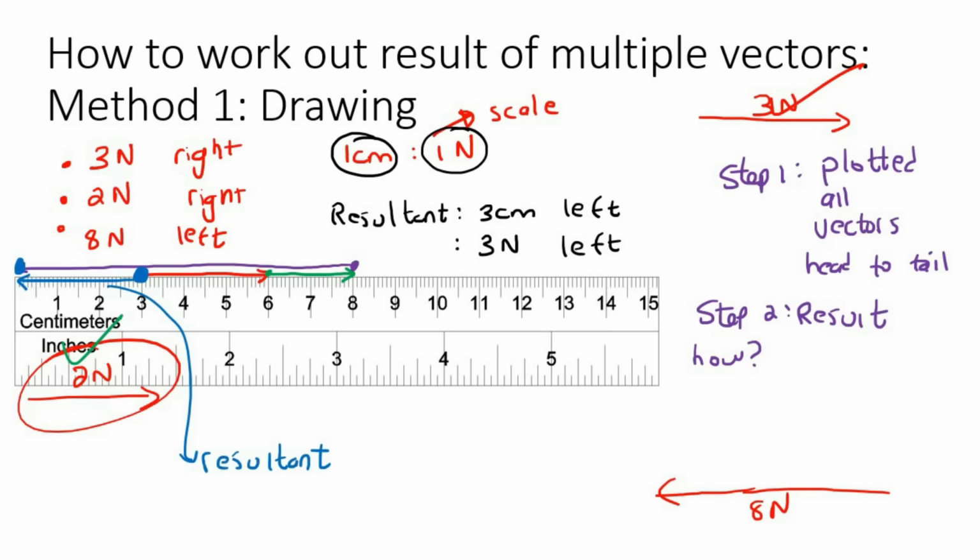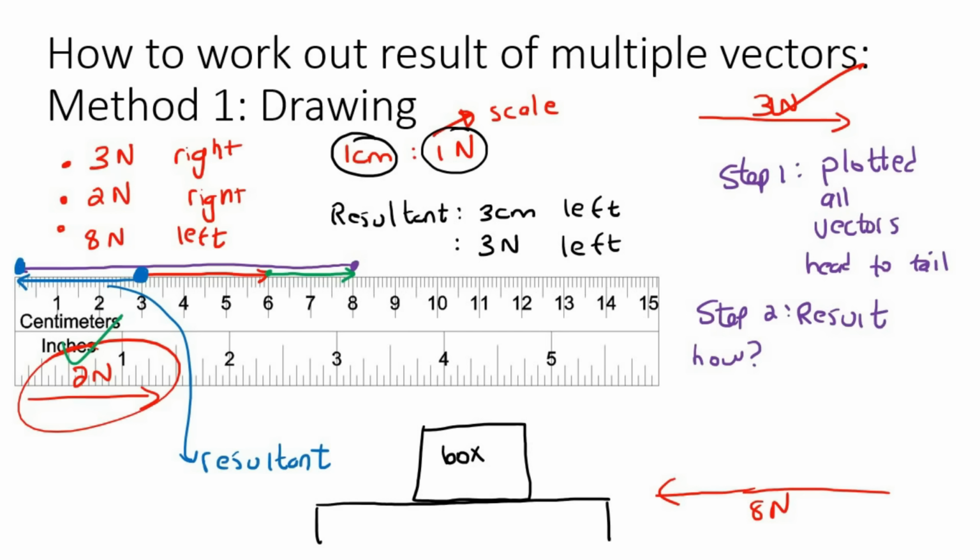What this actually means is that if you have a 3 Newton vector going to the right, another 2 Newton going to the right, and then an 8 Newton going to the left, if you combine all of that, the overall effect is that it'll go to the left. For example, say there's a box on a table.